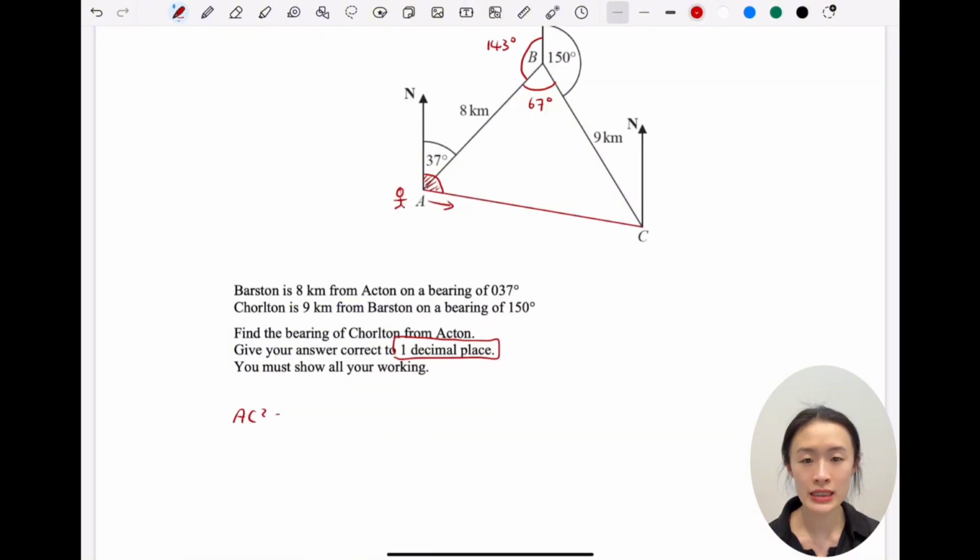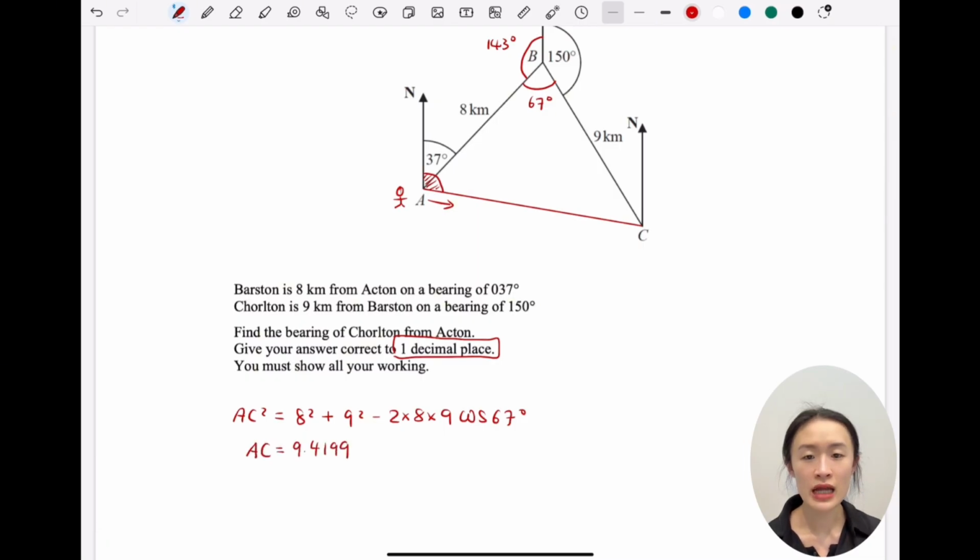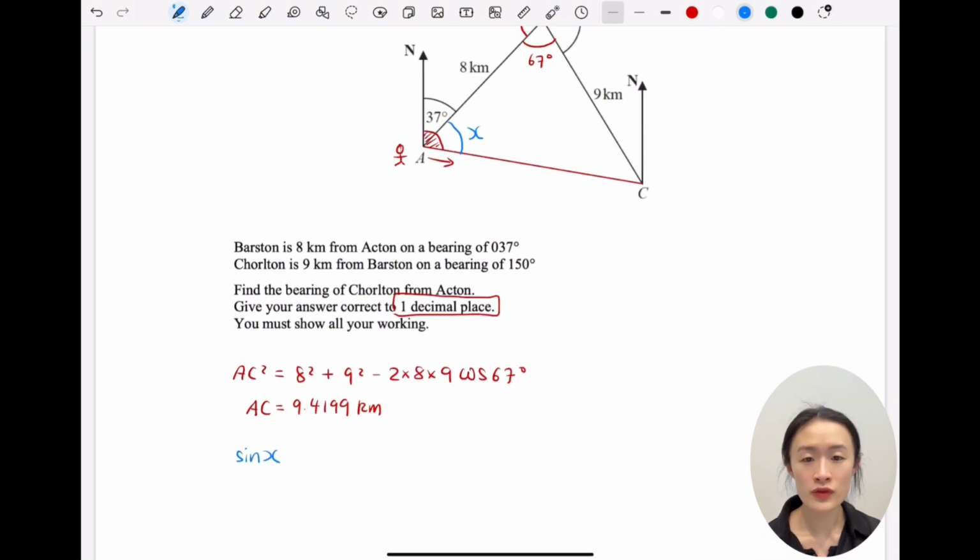So AC squared is 8 squared plus 9 squared, subtract 2 times 8 times 9 cos 67. So we know AC is 9.4199. Now I have one pair of angle and its opposite side. I can use sine rule. Sine x over 9 is equal to sine 67 over 9.4199.